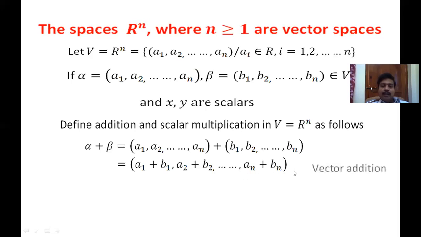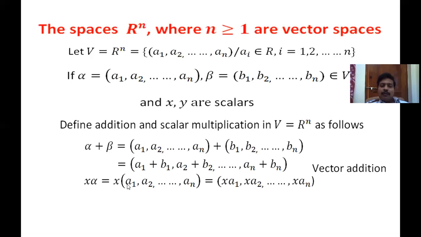And similarly, scalar multiplication x alpha is defined as x times alpha. Alpha means A1, A2 and so on An, that is equal to x multiplied by each and every component of the vector. So this is xa1, xa2 and so on xan.